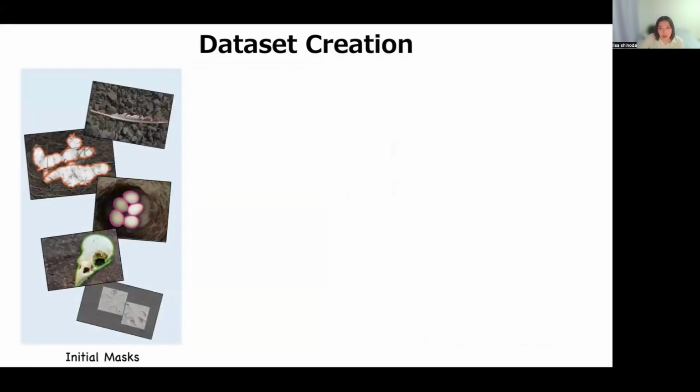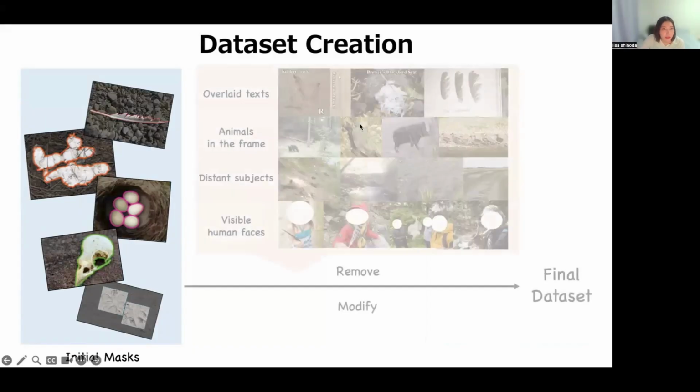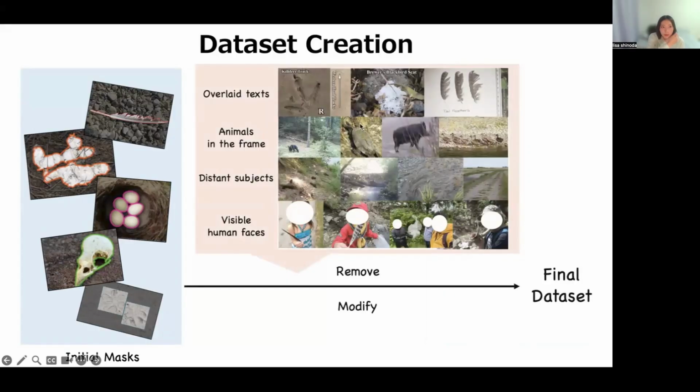However, sometimes we observe irrelevant images in these initial masks, so we remove them. That means we remove images with overlaid text, animals in the frame, distant subjects, or visible human faces. And we also modify some masks, and then we create the final dataset.